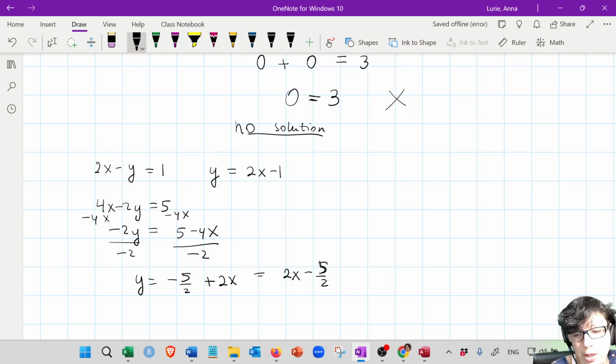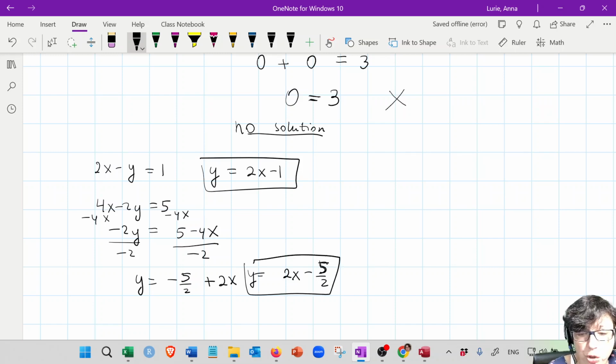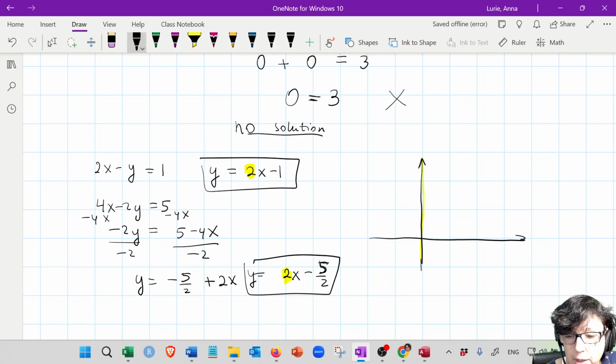So when you look at these two equations, y equals 2x minus 1, and y equals 2x minus 5 halves, you can see that the slopes are the same. These two lines have the same slope, but the y-intercepts are different. If you compare the two lines, one of them has a slope of 2 and a y-intercept of negative 1.